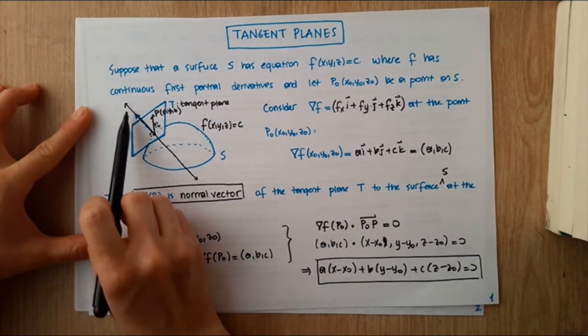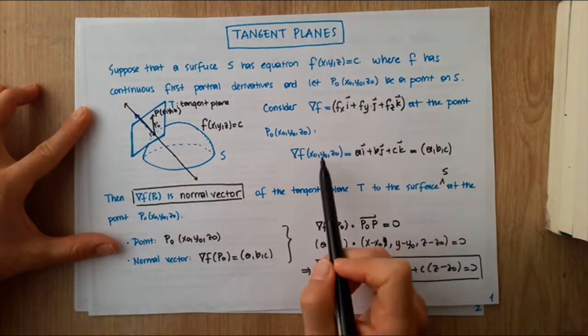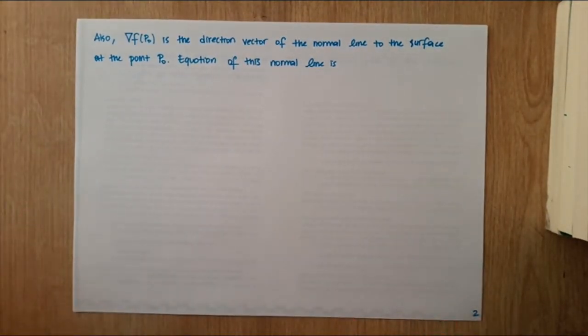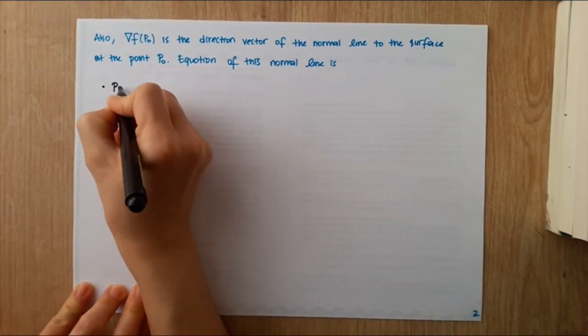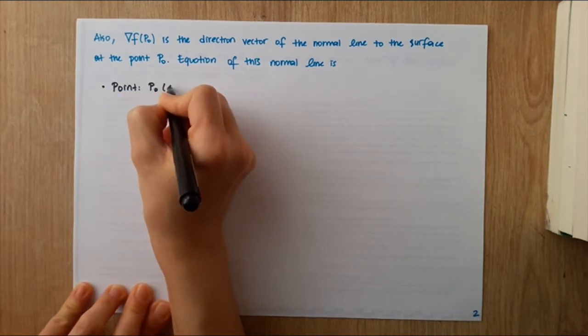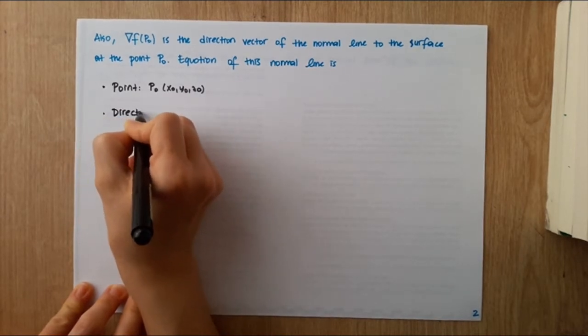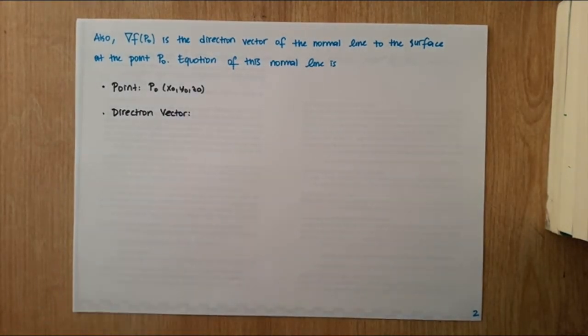So as you can see, this line has the same direction as the normal vector, which is the gradient vector of this f at p0. So we can easily find the equation of the normal line to the surface at the point. Why? Because for a normal line, again, I need a point, and it is given as x0, y0, z0, and I need a direction vector. And we know that the direction vector of this normal line has the same direction as the gradient vector of this function at p0.